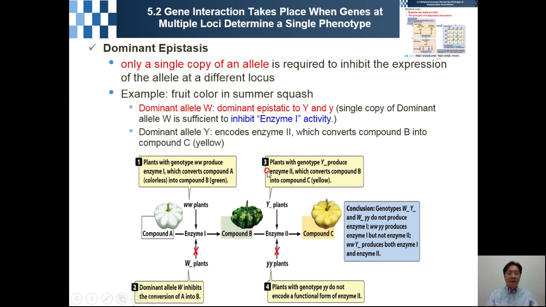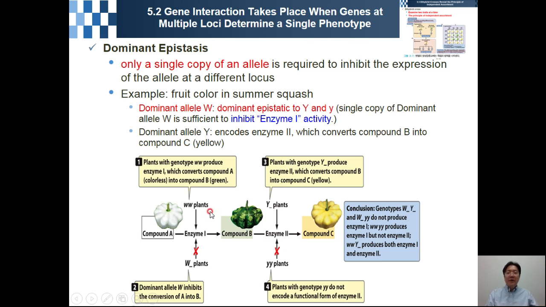So a plant with genotype Y produces enzyme 2, which converts compound B into compound C. Plants with genotype small yy do not encode the functional form of enzyme 2, so compound B cannot be changed to compound C. It means that their color will be green.